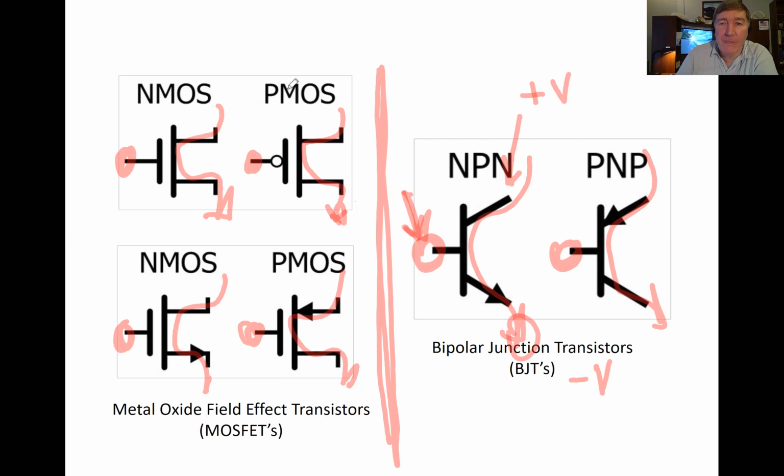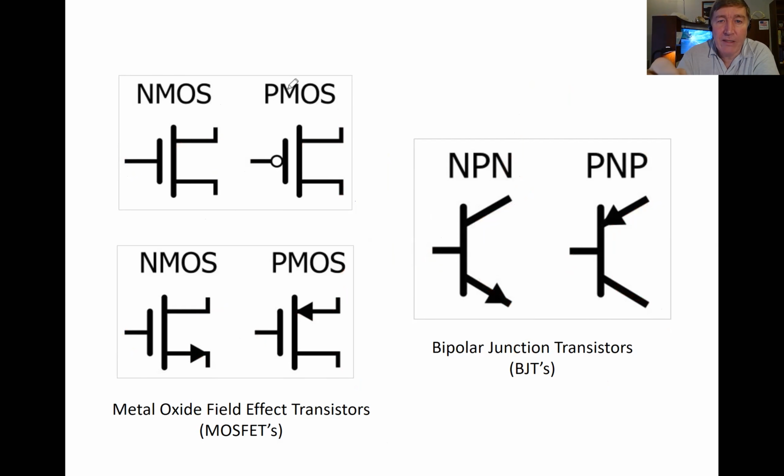Now, let's look at bipolar junction transistors. With the bipolar junction transistor, hopefully you remember that this is made of two diodes that are connected back to back.